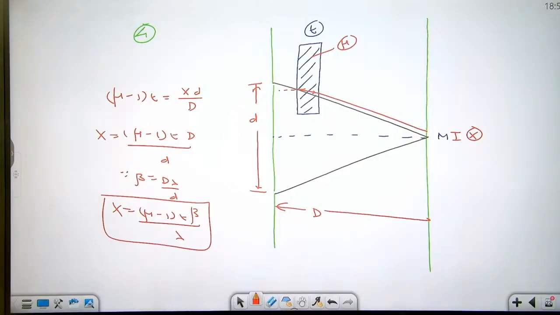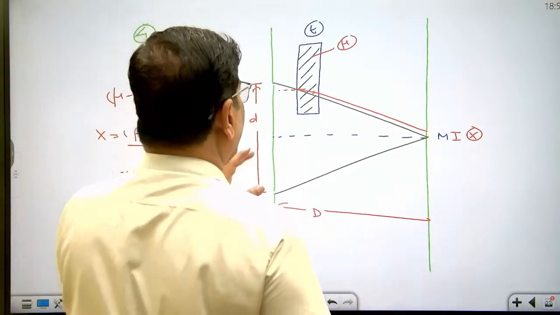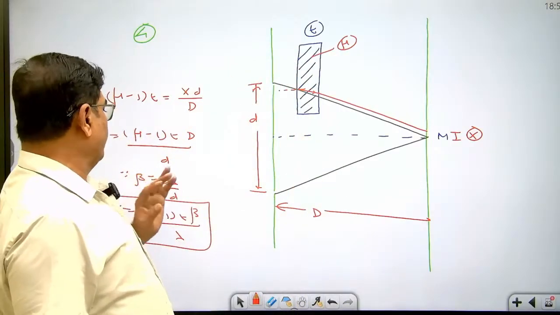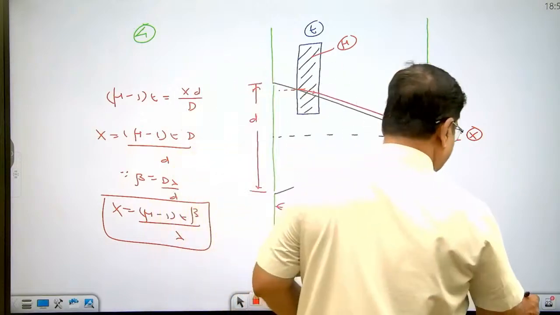The complete fringe pattern will get shifted towards that slit in front of which the slab was introduced. Okay, understood?